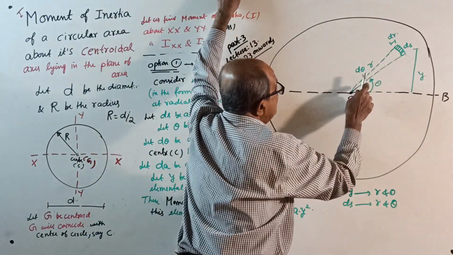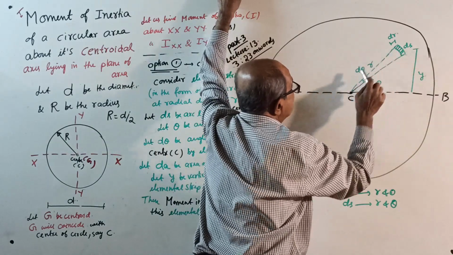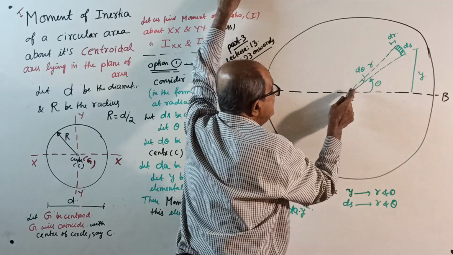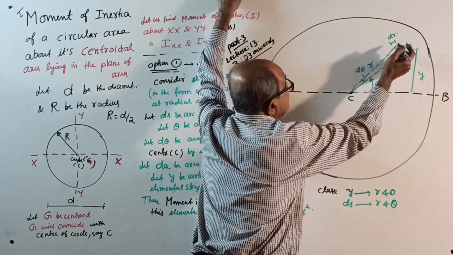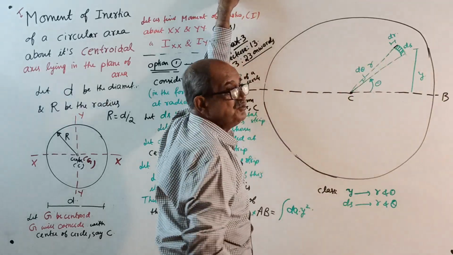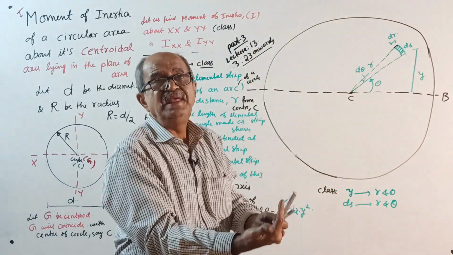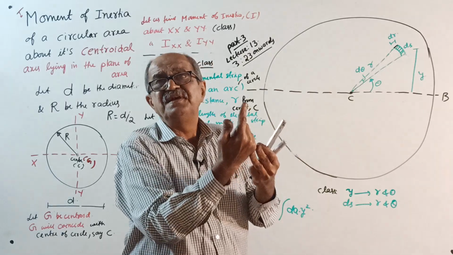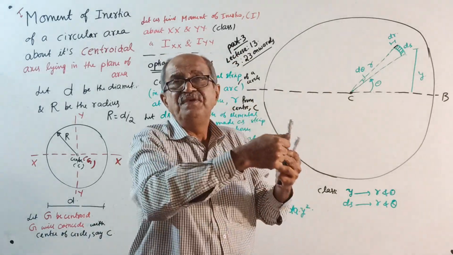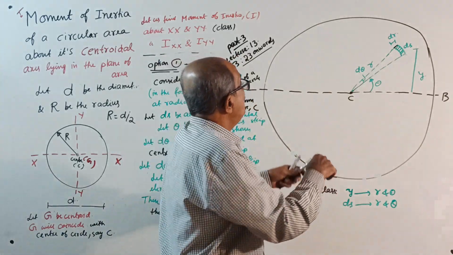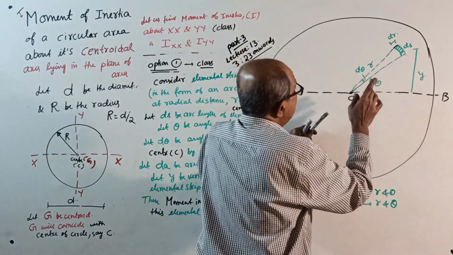From here to here is r. Since this is variable r, thickness should be dr. Very important: if the variable is y, thickness is dy. If the variable is x, thickness is dx. When the variable is r, thickness is dr.